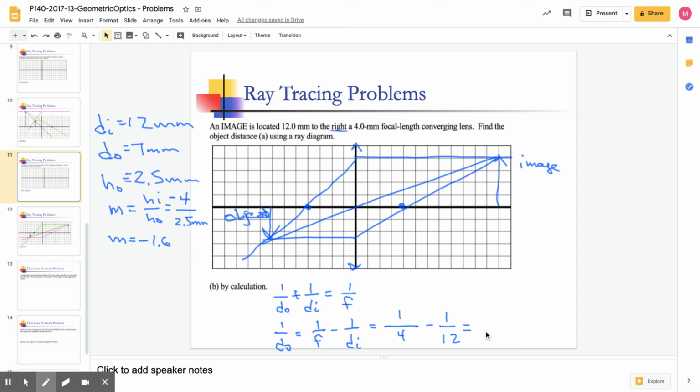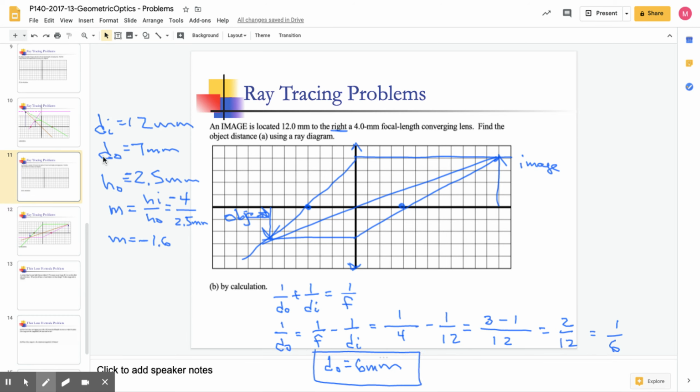Now I need to find a common denominator. I'll use a common denominator of 12. For 4 to go to 12, I need to multiply top and bottom by 3. So 3 minus 1 gives me 2 over 12, and that gives me 1 over 6. So d0 is equal to 6 millimeters.